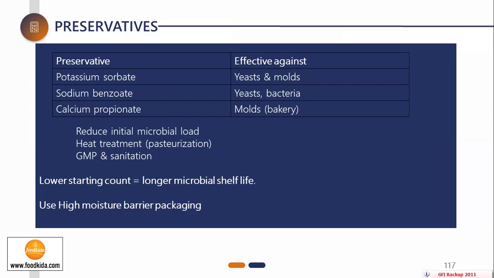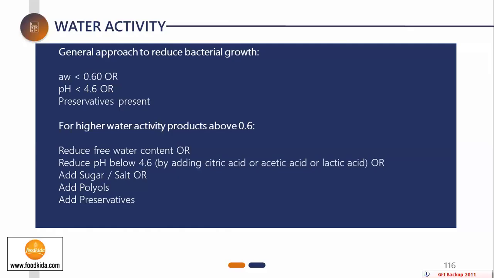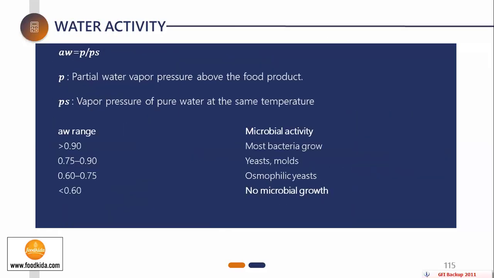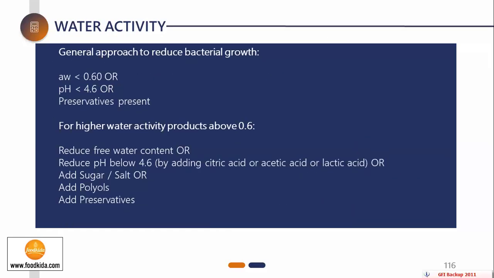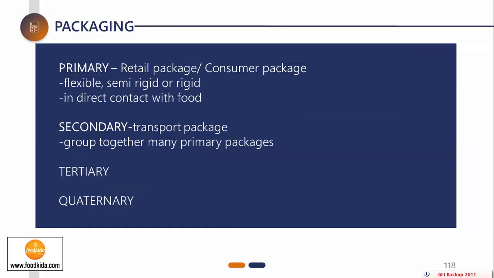Hope everything is clear about what we were discussing. The idea today is to understand the important part of your product development, which is doing your shelf life stability, and what things you should take care of while formulating your product. Packaging is also an important part of shelf life stability.